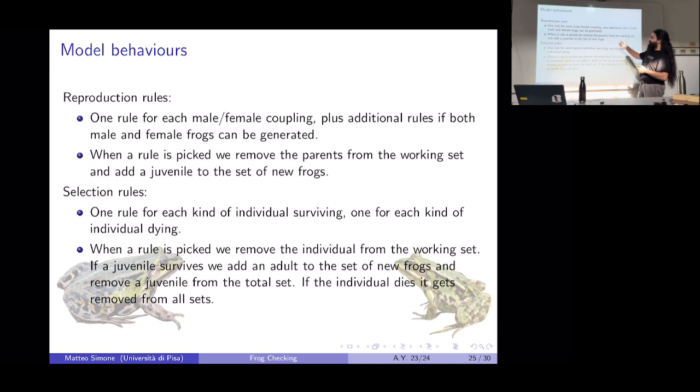When a rule is picked, we remove the parents from the working set, we add the juvenile to the set of new frogs. And for the selection rules, we just have more rules, because we have one for each kind of individual, one for survival, one for dying. When a rule is picked, we remove the individuals again, and we modify all of the other set to work out the numbers.